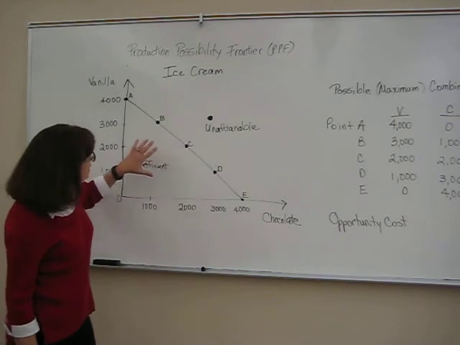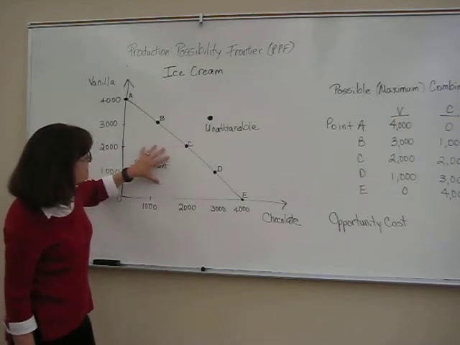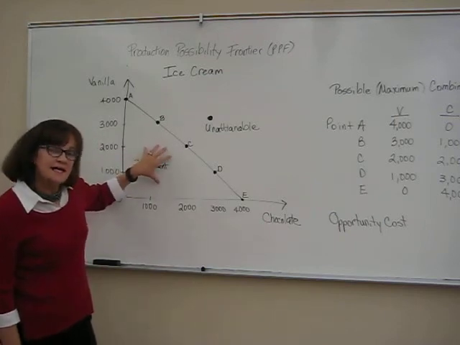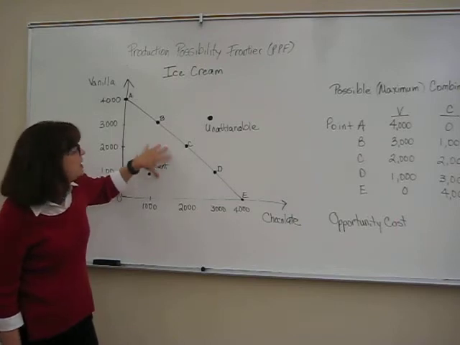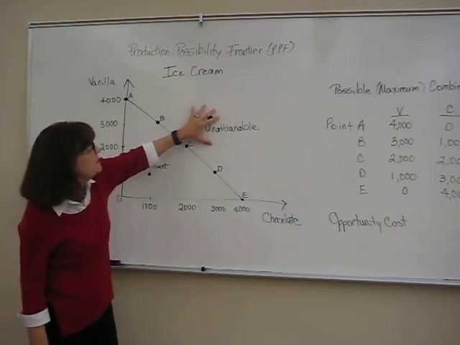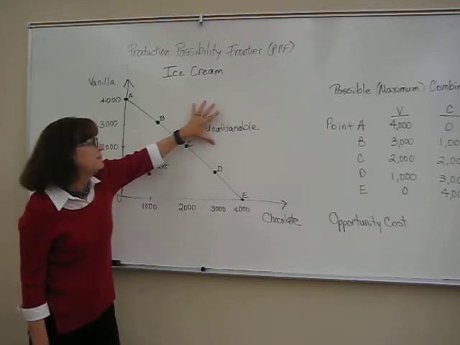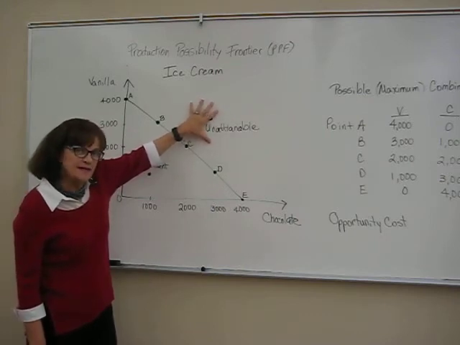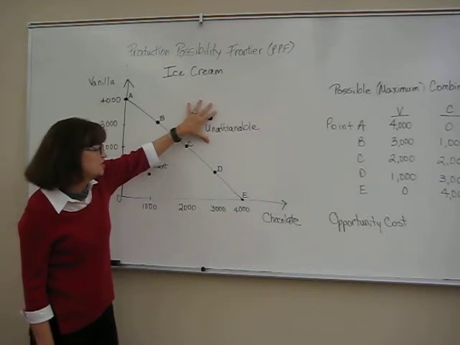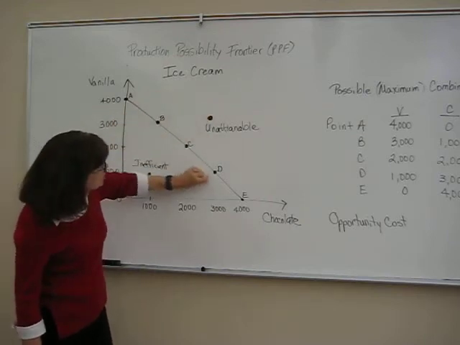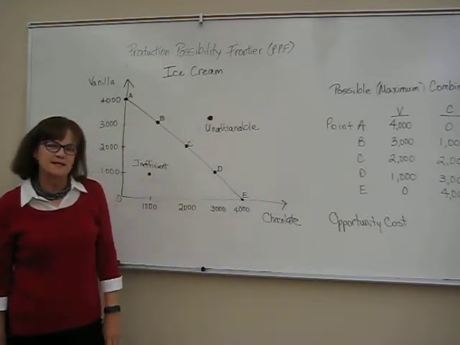So points inside the PPF represent less than the maximum amount of production. Points outside the PPF represent amounts that exceed their maximum possible production. Points along the curve represent the maximum.